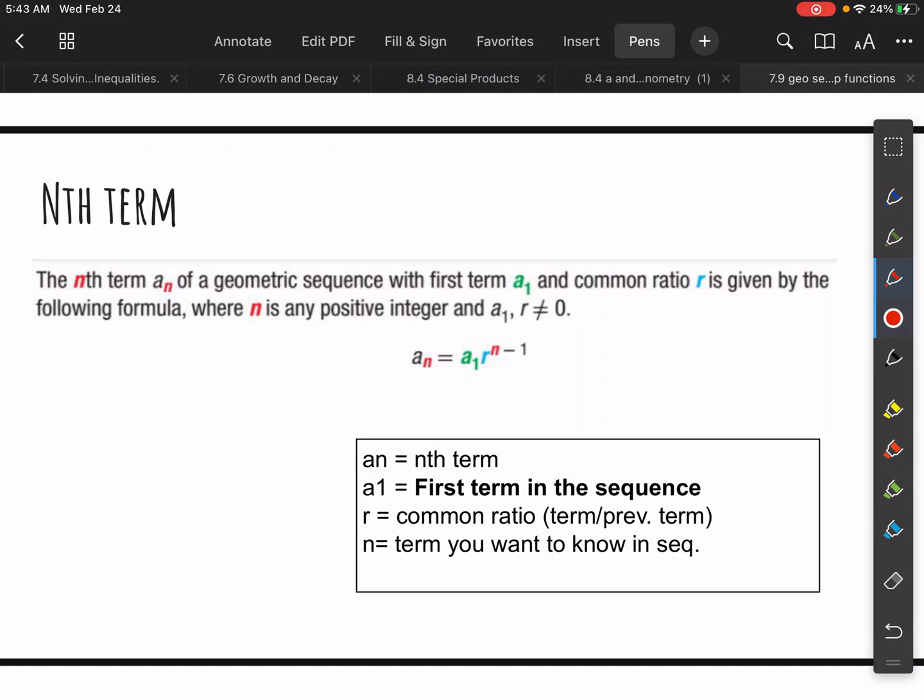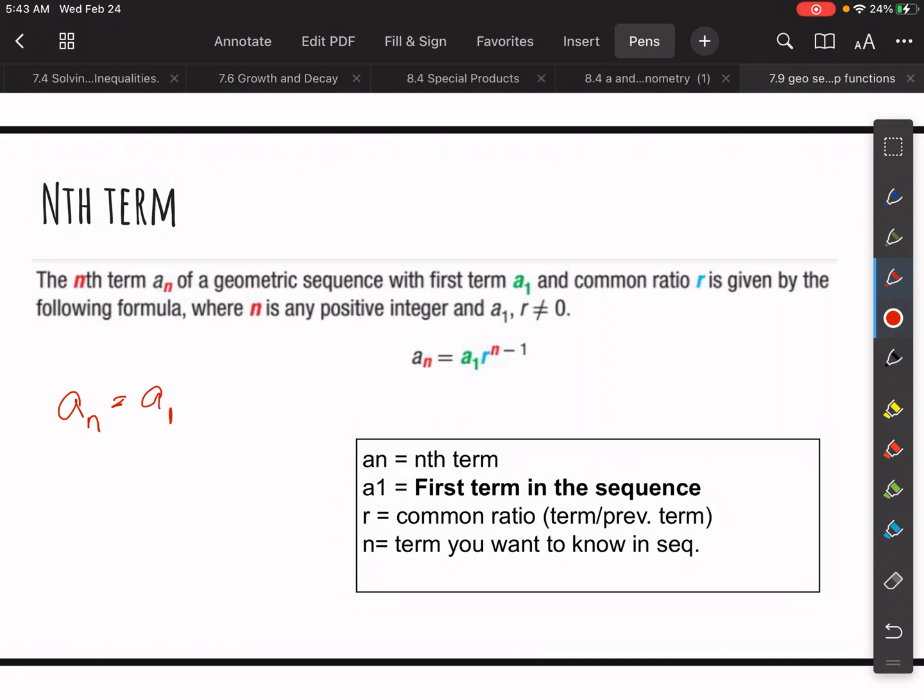So essentially all we're doing here is multiplying each previous term by a common ratio. If I'm looking for any term in the sequence, the nth term, we're going to take the first term in the sequence. We call that a sub 1.